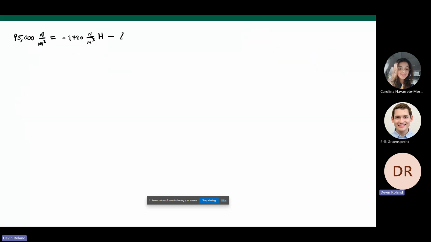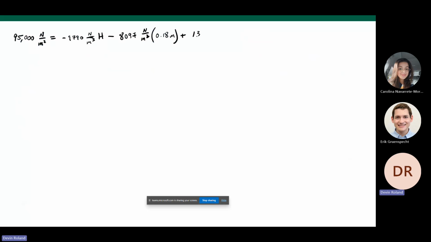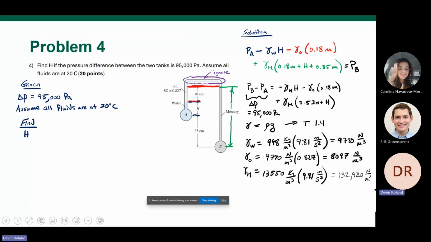Oil was 8097 Newton per meter cubed times 0.18 meters plus we have this term, the specific weight of mercury times 0.53 meters plus H. The specific weight of mercury is 132,926 Newtons per meter cubed, multiplied by 0.53 meters plus H. And now we just solve.